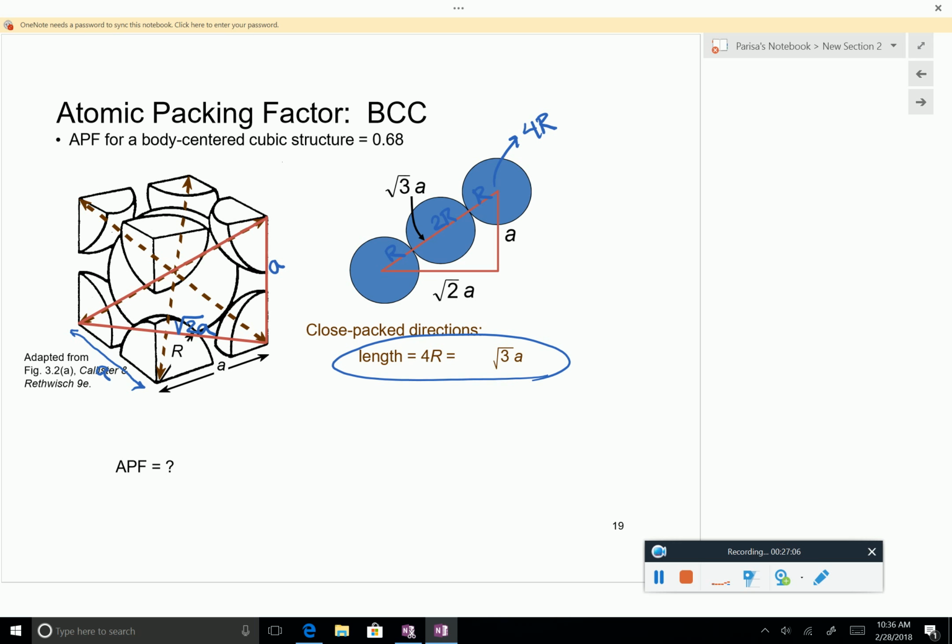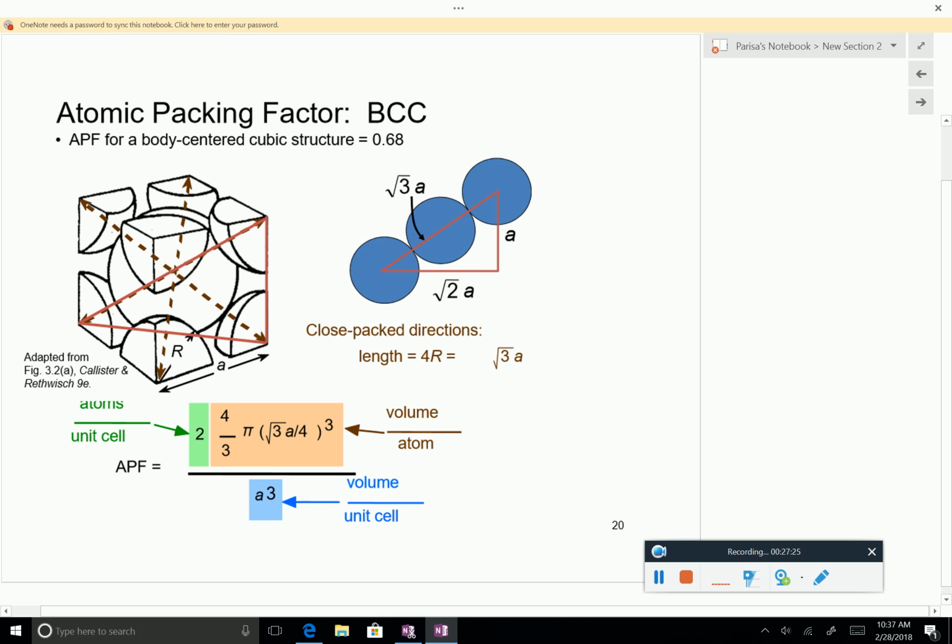So remember that atomic packing factor is nothing else but what is the percentage of volume which is full with atoms. So how much atom we have over the entire volume. You all were agreeing with me that we have two full atoms.